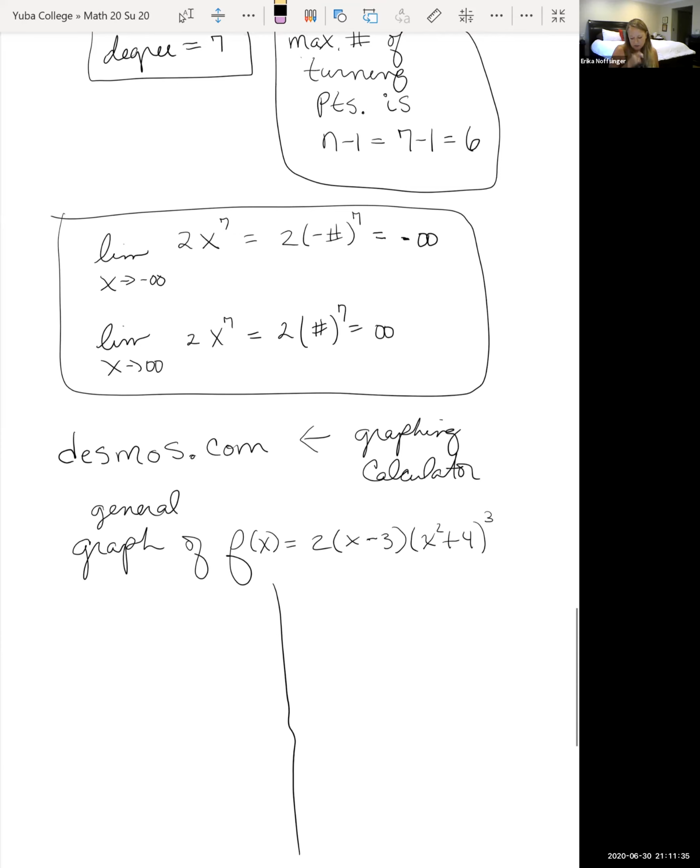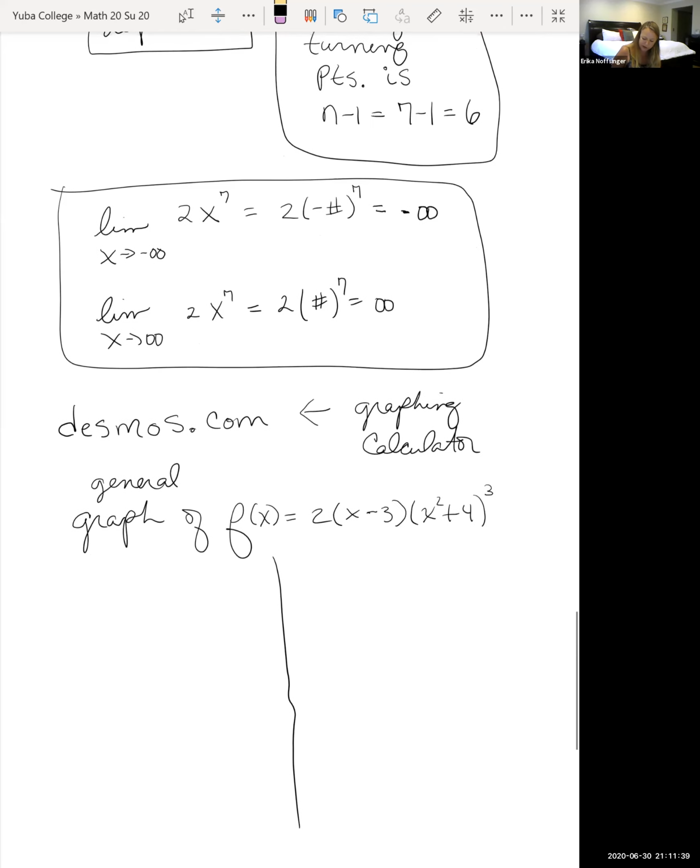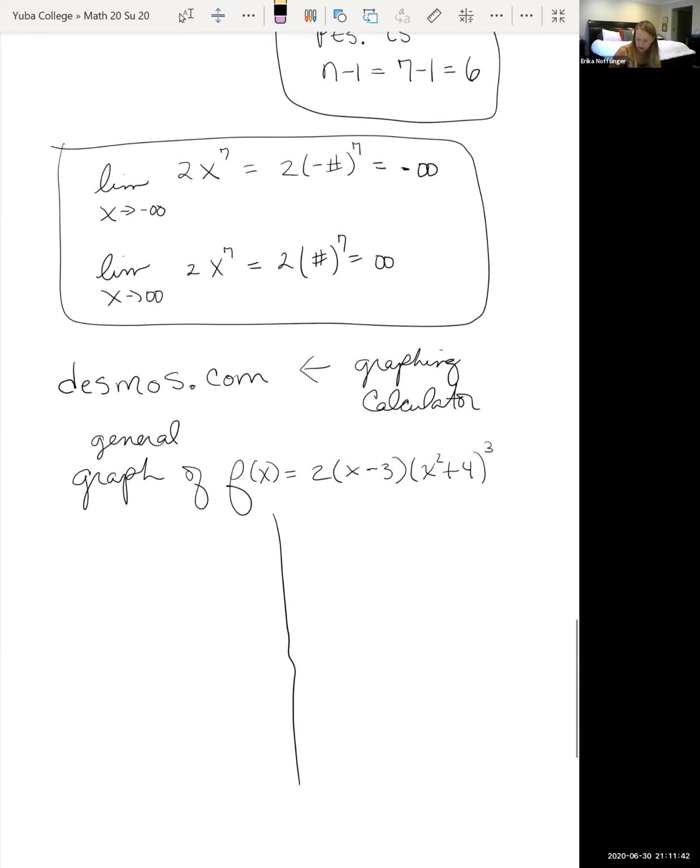Other things that could help us with graphing this is thinking about symmetry, but I don't think it's symmetrical about anything. Only thing we know about x-intercepts is that it's going to be, what was it, positive 3.